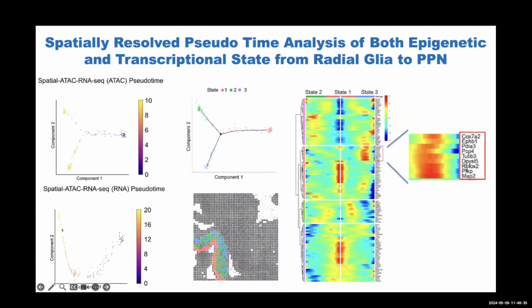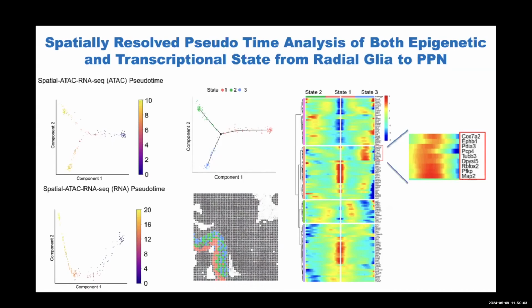Based on RNA, you can see there's a monotonic differentiation from radial glia towards neuronal lineage. But in the ATAC data, you see there's a bifurcation, and there are two different states. One still maintains this epigenetic potential for oligodendrocyte lineages, because they express the strong oligodendrocyte markers and their transcription factors as well. And so this is very interesting.